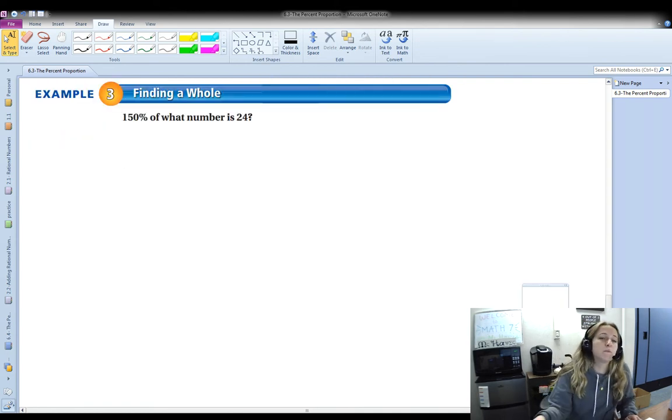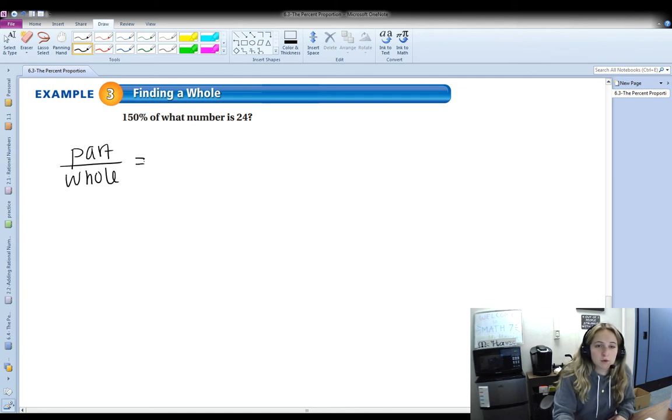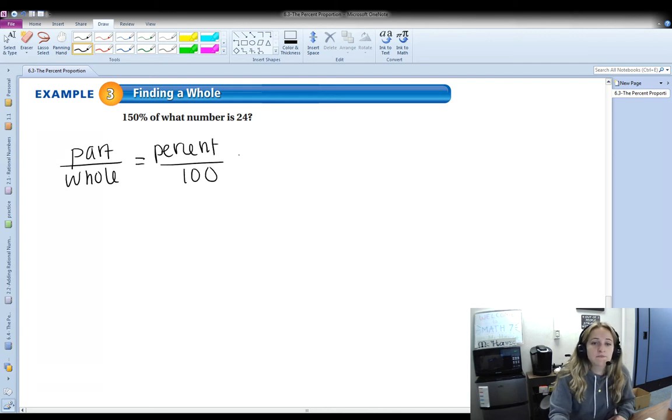Okay, so it says 150% of what number is 24? So again, let's remind ourselves, it's part over whole equals percent over 100. Okay, so let's read our information. Well, 150%, we have the percent symbol there, so I know that is going to be the percent.